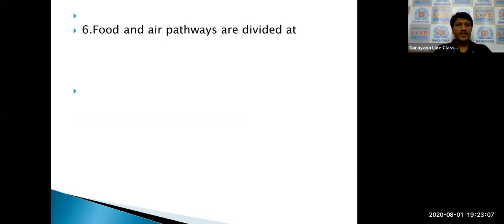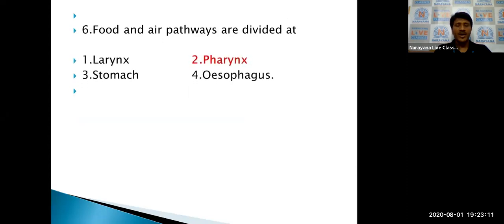Next, food and air pathways are divided at the pharynx. The basal part of the pharynx is divided into two ways, one way for the food and the other way for the air.